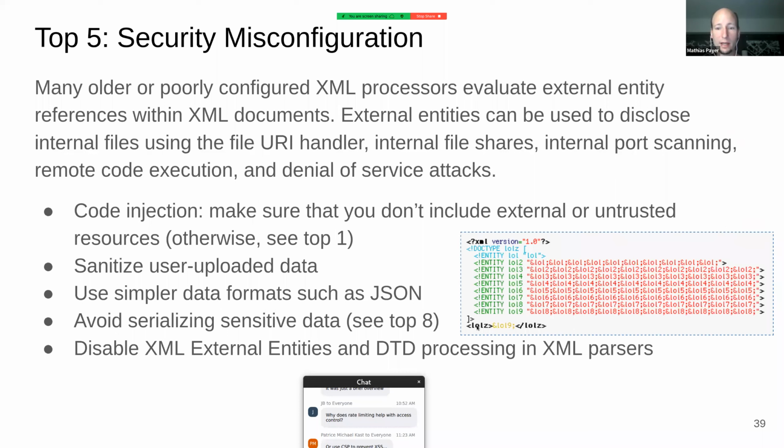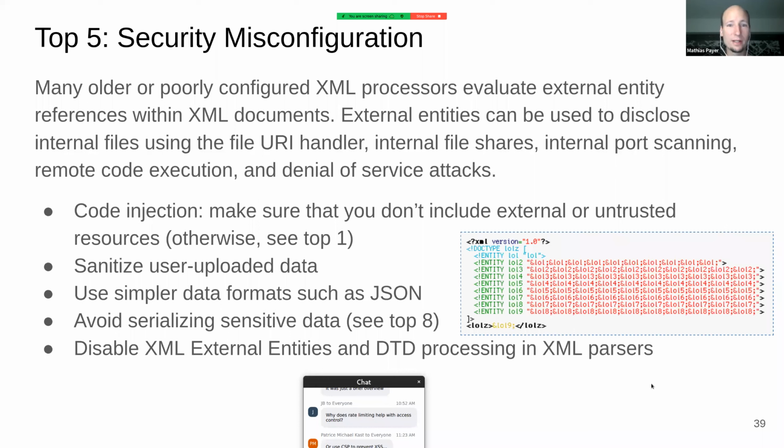And here we have lols that includes lol9 that just references all the other entities, and this results in unrolling all of these previous entities and exhausting all the server resources.